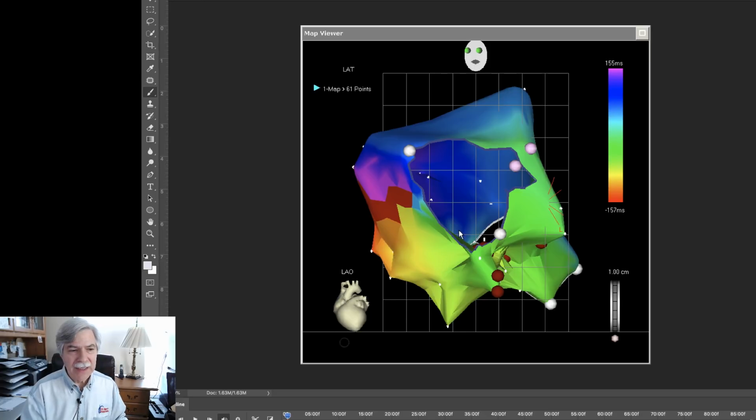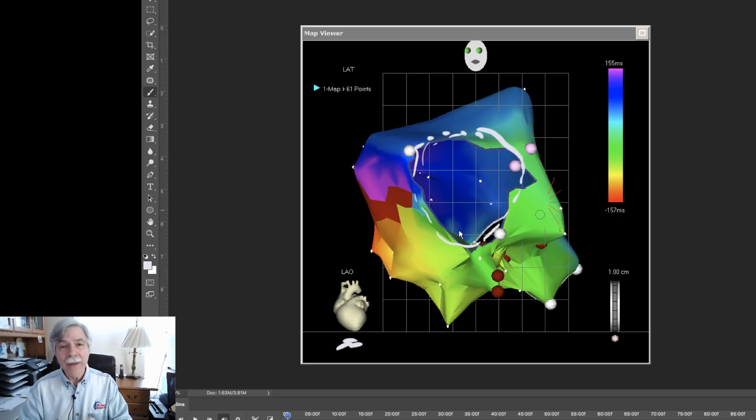This crazy multicolored, really cool looking illustration shows the view of the heart, the way we're looking at it. We're looking basically in the LAO direction, so looking kind of down the barrel of the heart. So this hole right here is the representation of the tricuspid annulus.